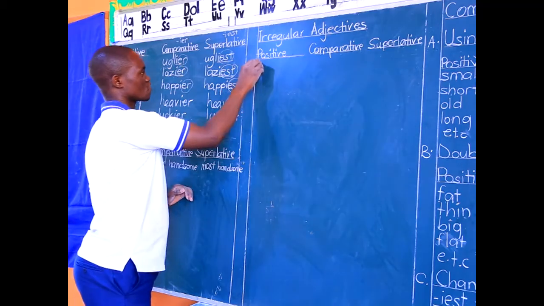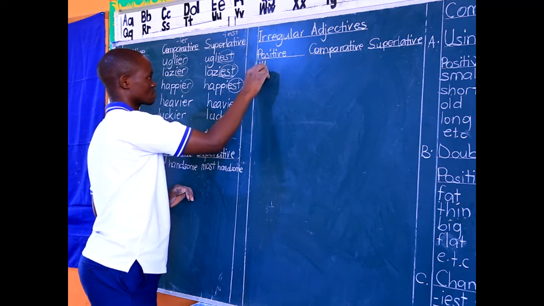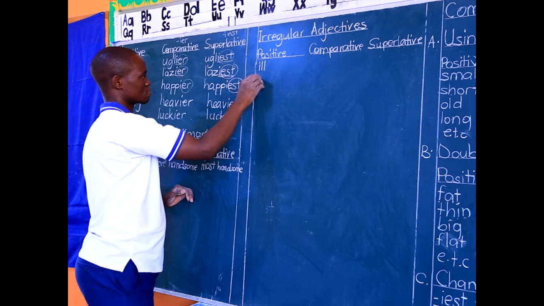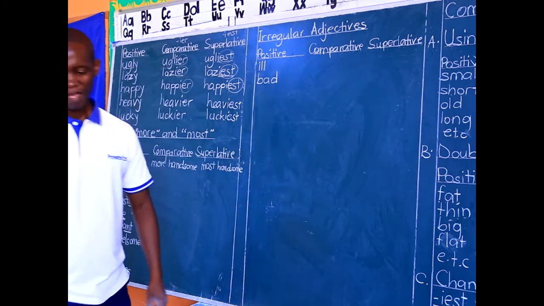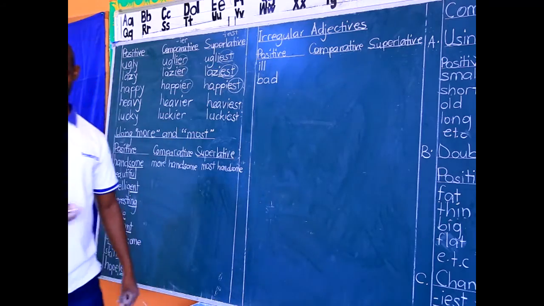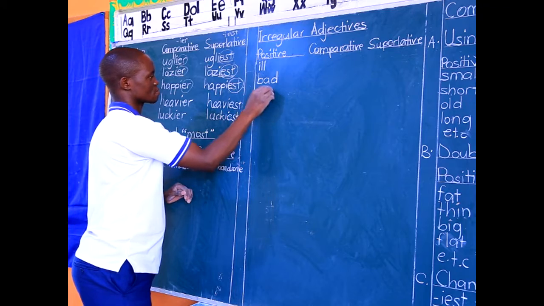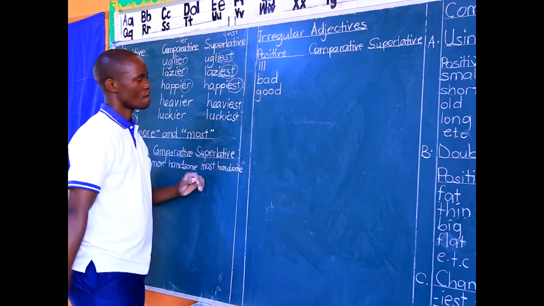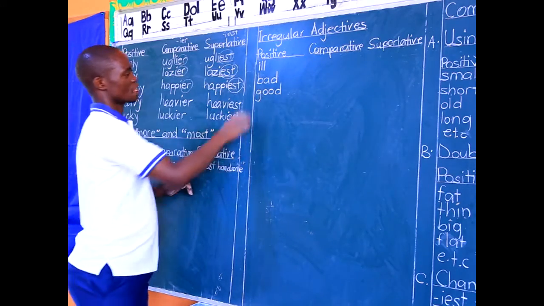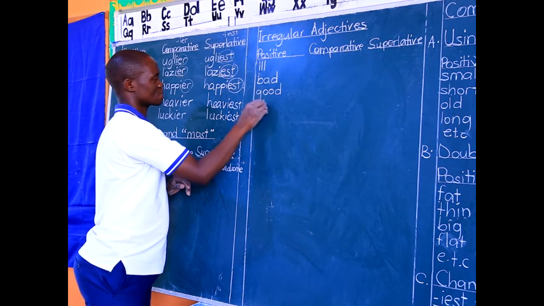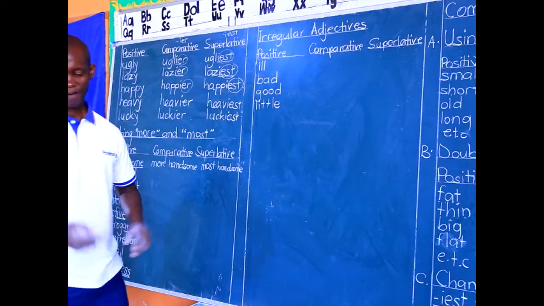The first one I'm giving you is this word, I-double-L. The next one I want to give you is this word, B-A-D. Then the next one we should talk about is G-double-O-D. The next one we shall talk about is L-I-T-T-L-E. That's little. What else?